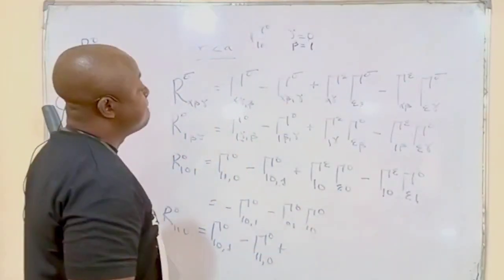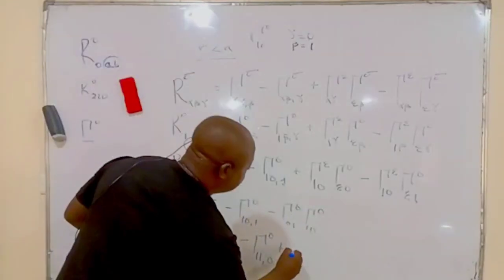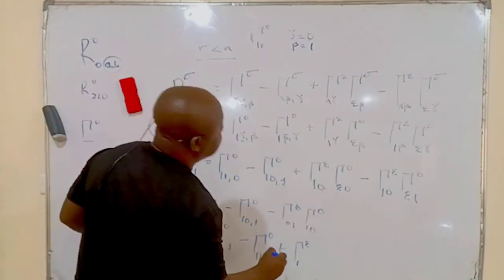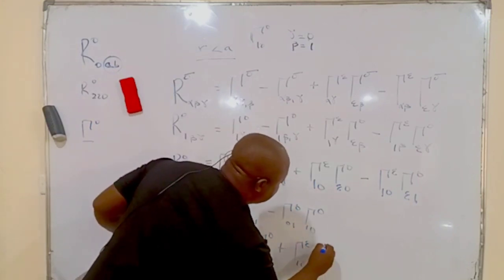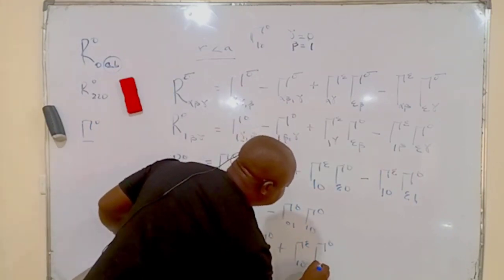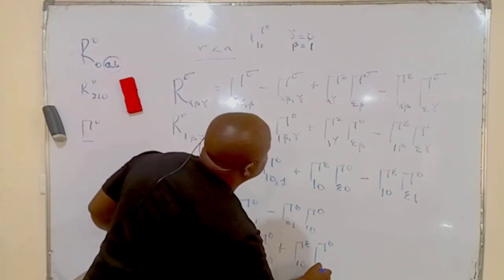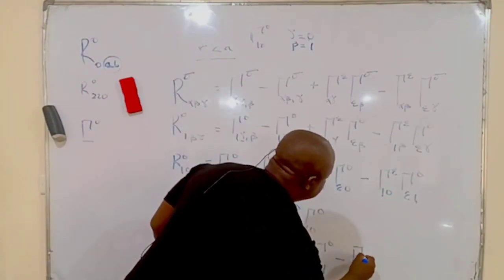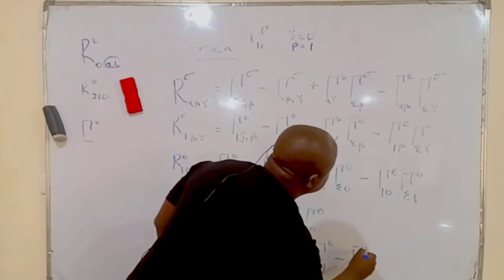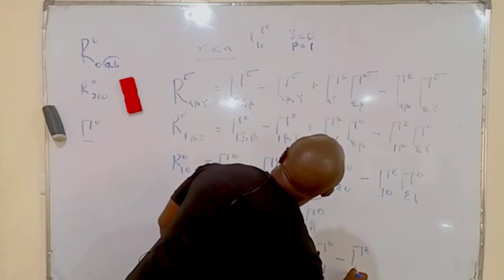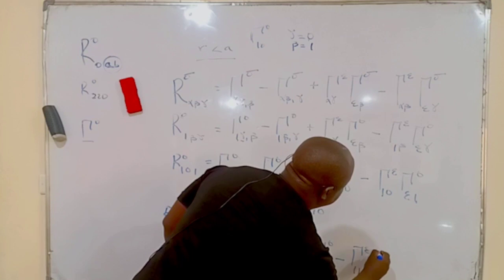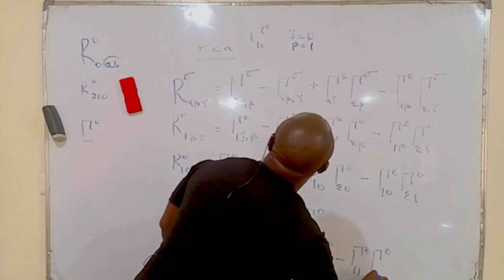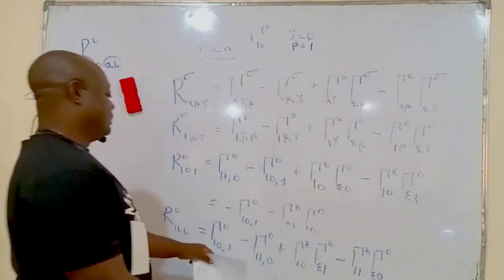Plus, we now have epsilon 1, our gamma is 0. Okay, then we now have 0, epsilon, our beta is 1. Okay, minus, we now have epsilon 1, our beta is 1. And then we have 0, our epsilon is there. Then our gamma is 0. So we now have this one.